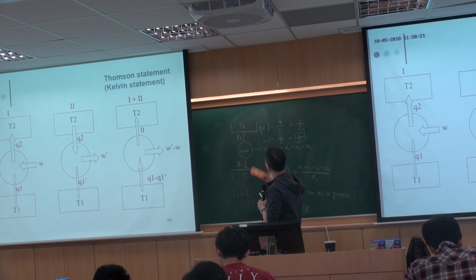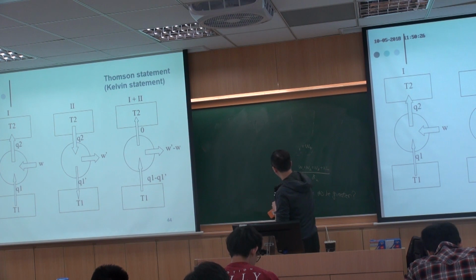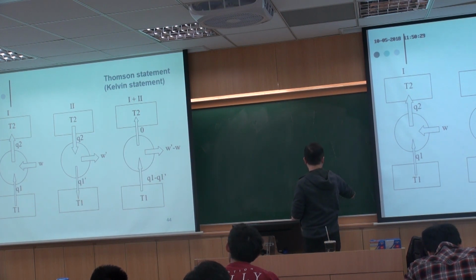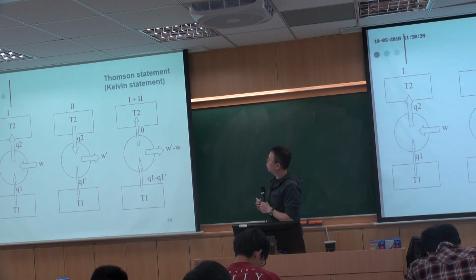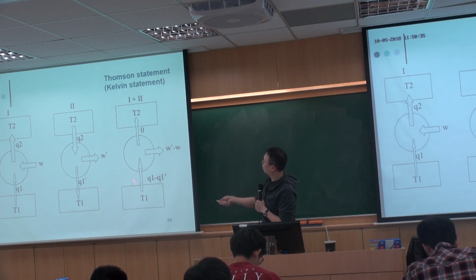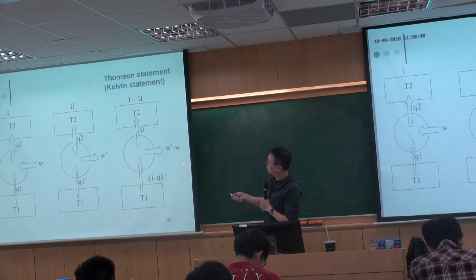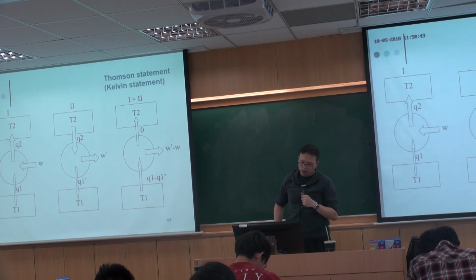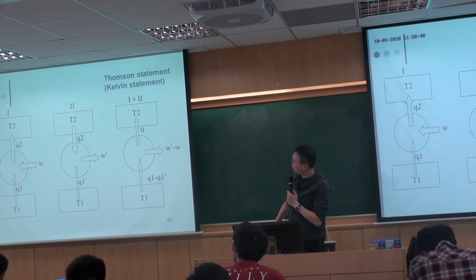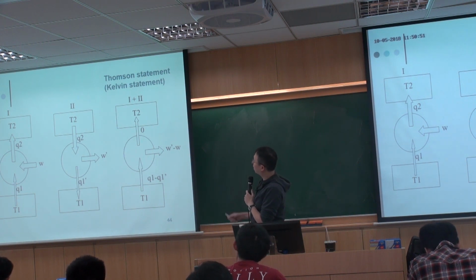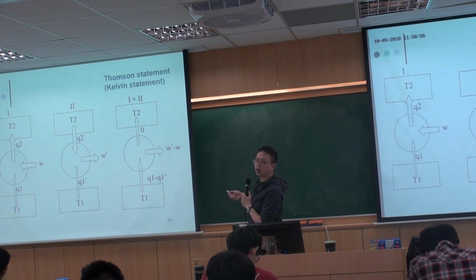So in this case, if you have a heat engine with efficiency that surpasses the Carnot cycle, then you can create a heat engine like this, and this is not consistent with Thomson's statement of the impossibility of having an engine that can pump heat and directly transfer that into work.